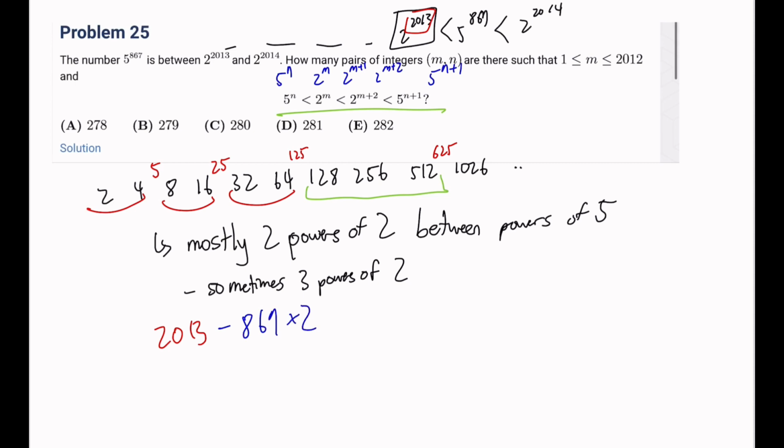But why does this give us the answer? Okay, so if you look back to this thing here, we saw that for every power of 5 there were 2 powers of 2, and for this one too, for this power of 5, there were 2 powers of 2, and there's 1 left over, right?